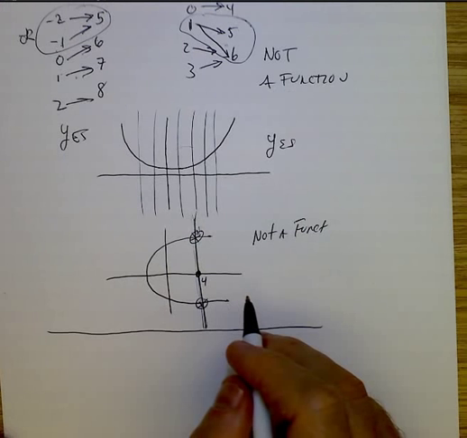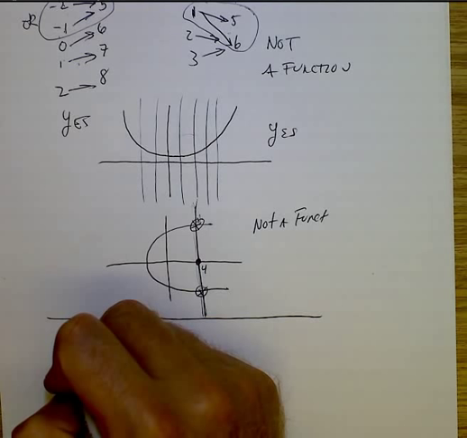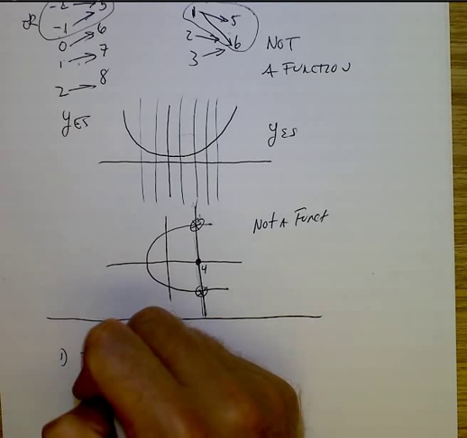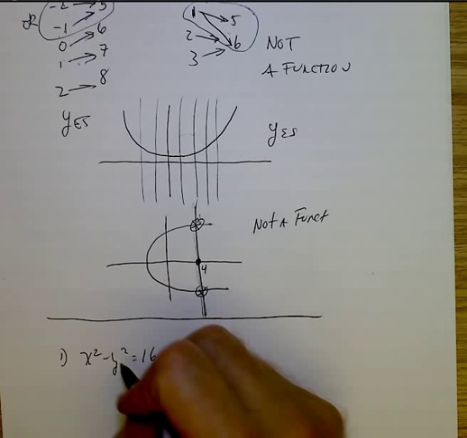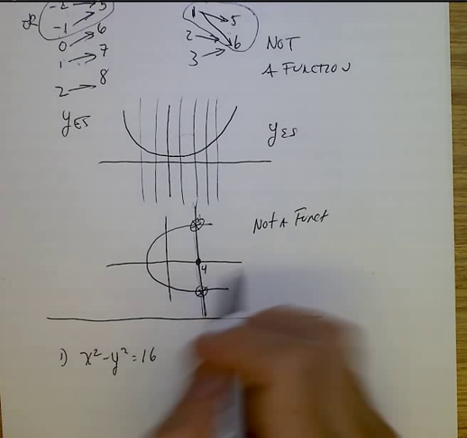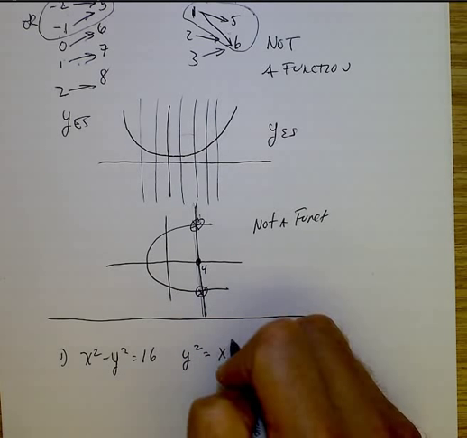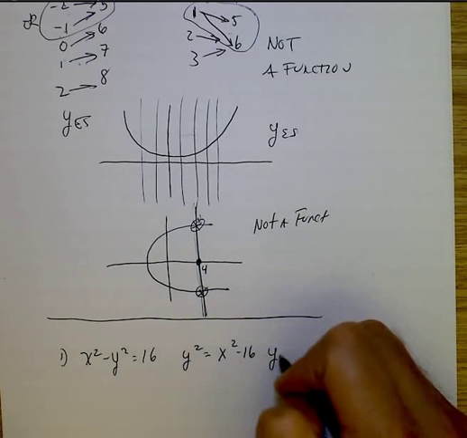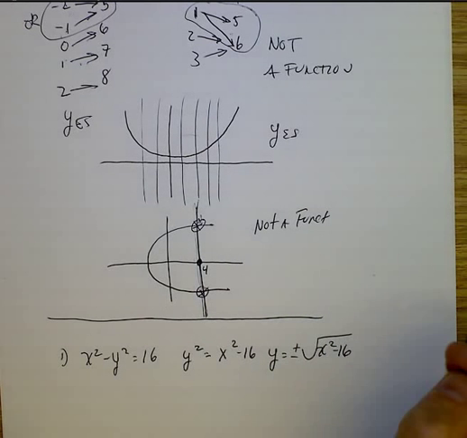We can also, I can give you something like this and say, is x squared minus y squared equals 16 a function? Okay, now in this case, if you solve for y, you would get y squared equals x squared minus 16, y equals plus or minus the square root of x squared minus 16. And you'd say, no, this is not a function.